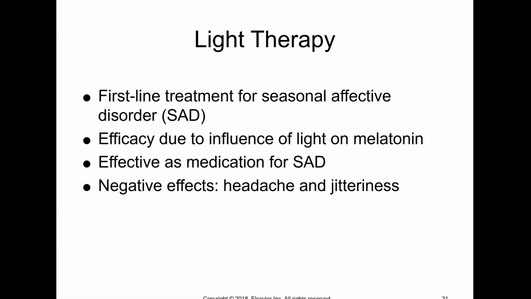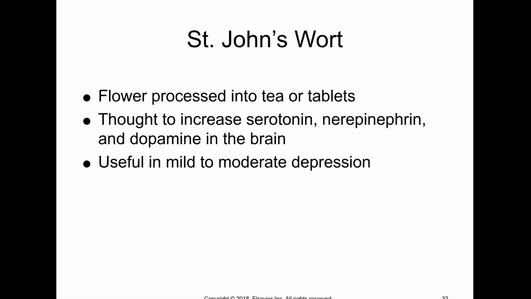Really, the most important thing to note from light therapy is to make sure that the patient isn't doing it right before they go to bed. St. John's wort, this is something that can cause serotonin syndrome if it's taken in large quantities, and it is useful in mild to moderate depression for some patients.